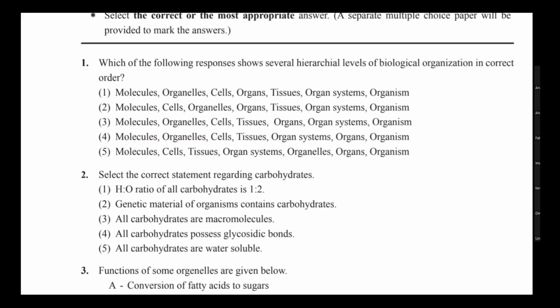In polysaccharides, there are a few hundred to a few thousand monosaccharide subunits bonded by glycosidic bonds. Disaccharides are sugars formed by joining two monosaccharides by a glycosidic bond. The glycosidic bonds are present in both disaccharides and polysaccharides, but there are no glycosidic bonds in monosaccharides. So since they have said all carbohydrates, that statement is also incorrect.